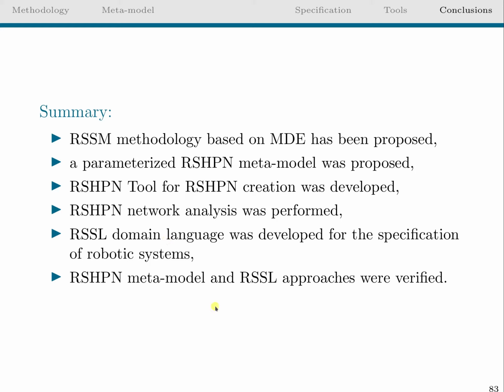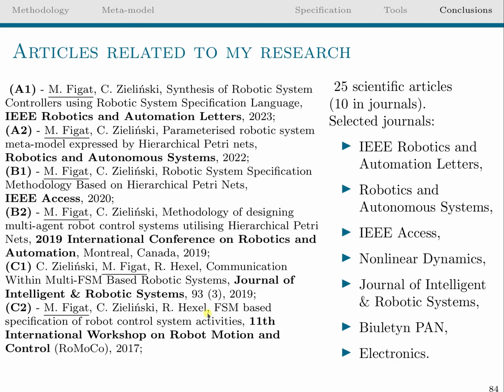We also defined how to translate the general idea of the task of the robotic system into requirements, and how those requirements can be translated into the input parameters for the parameterized RSHPN meta model.